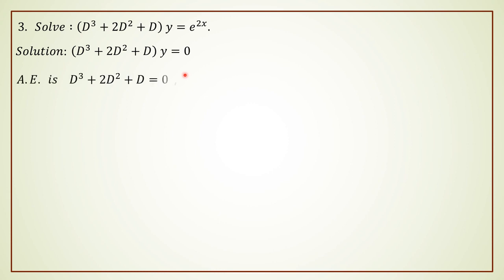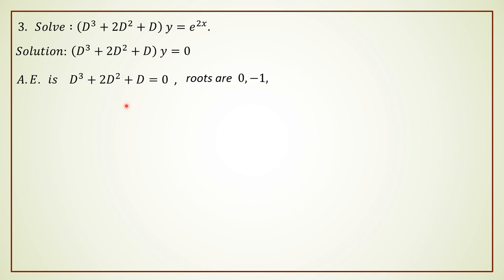Write the auxiliary equation of it. So the corresponding auxiliary equation is D cube plus 2D square plus D is equal to 0. As it is a cubic equation, you can find the roots easily using the calculator. I think the calculator shows only two roots over here, that is 0 and minus 1.